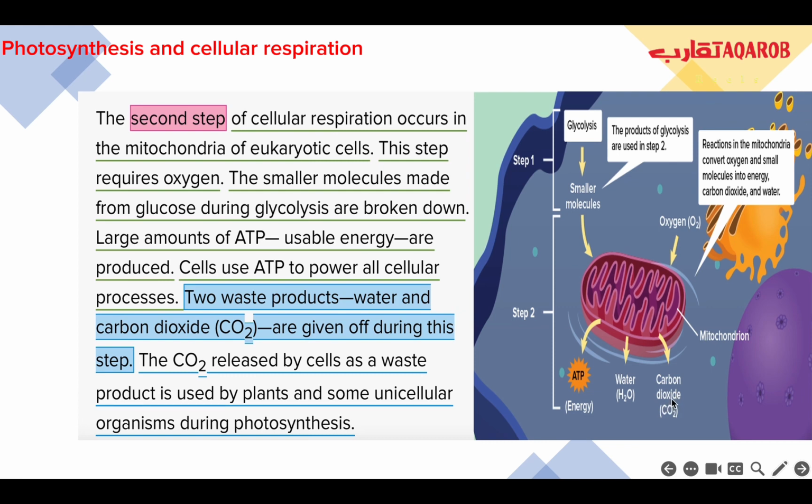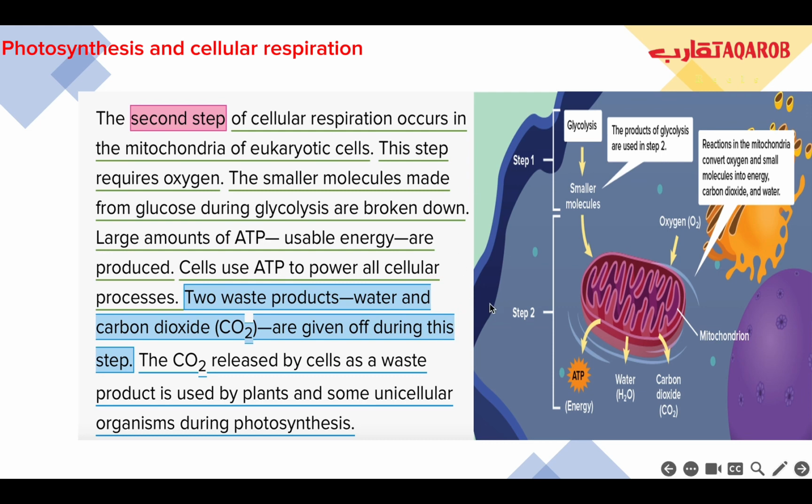So again, we have two steps in cellular respiration. The first step occurs in the cytoplasm. The second step occurs in the mitochondria. The first step we call glycolysis. It breaks down the sugar or glucose into smaller molecules, using a little bit of ATP to produce more ATP, which is the usable energy. Very good.